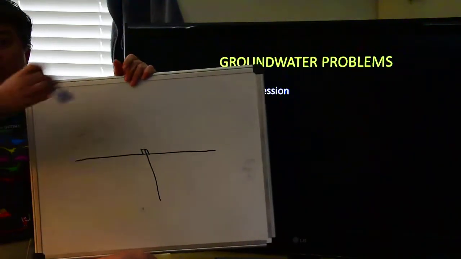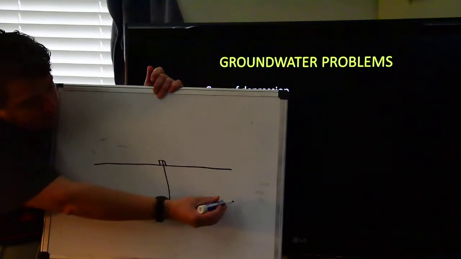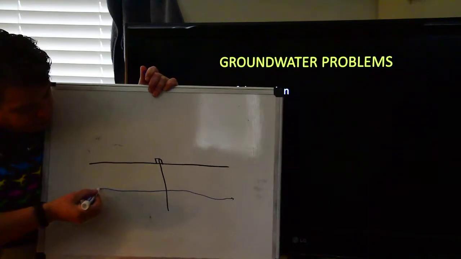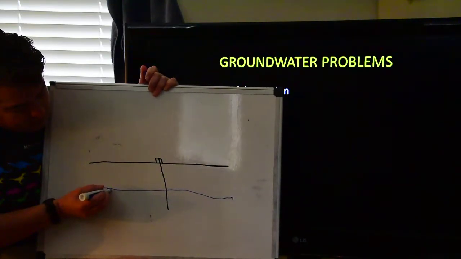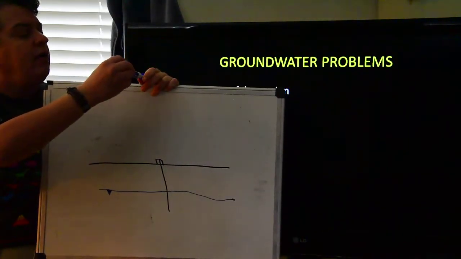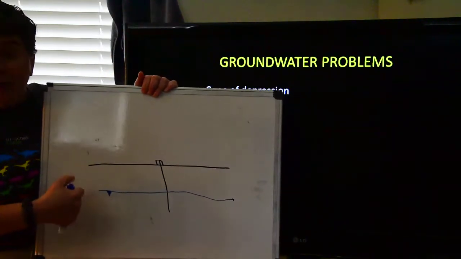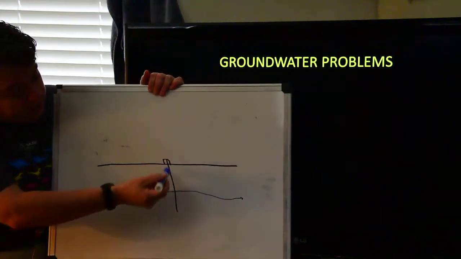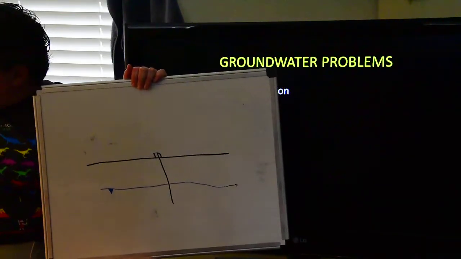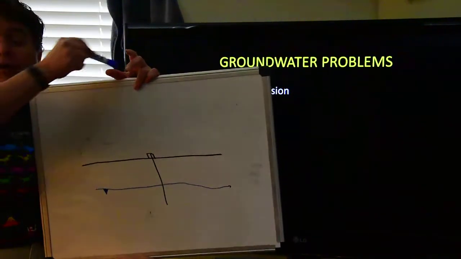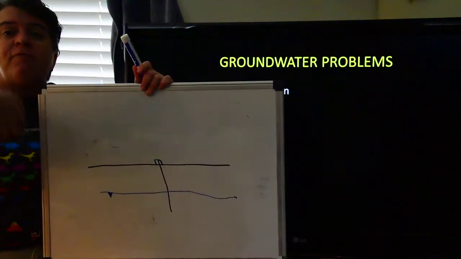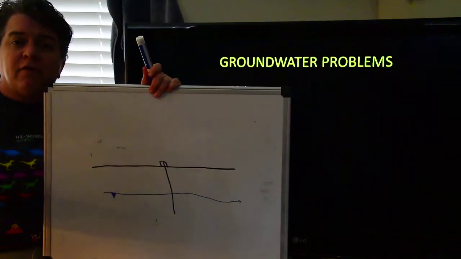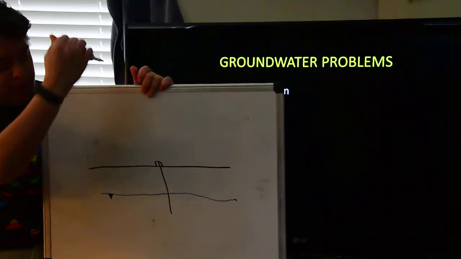the aquifer. So let me put on here the water table. The water table is always drawn with a little triangle, just to let people know that's the water table and not a layer of rock. So there's my well. I'm extracting a whole lot of water from that. And I'm extracting the water faster than it can flow back into place.